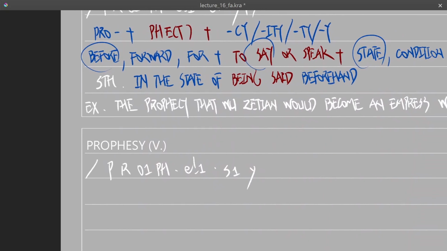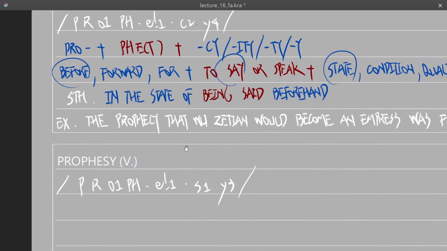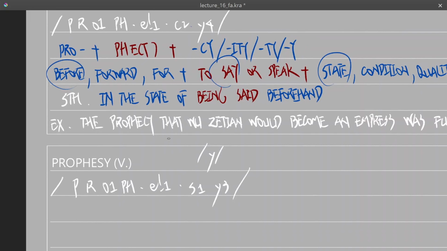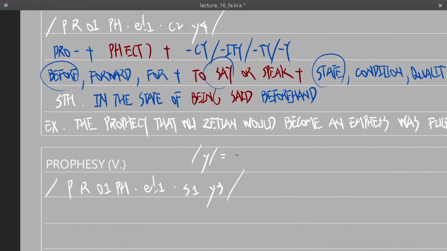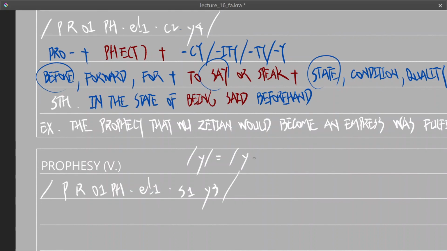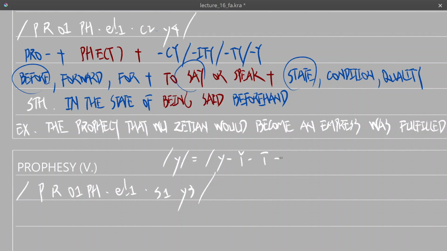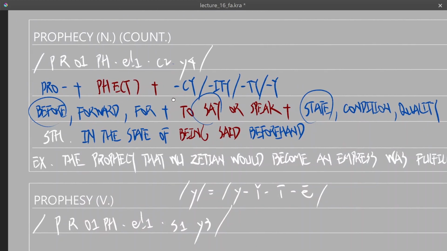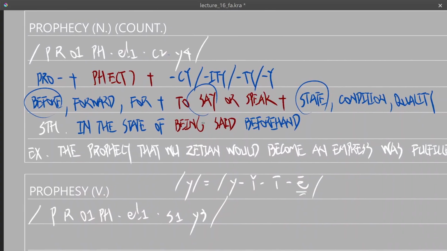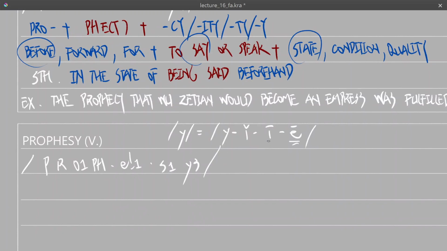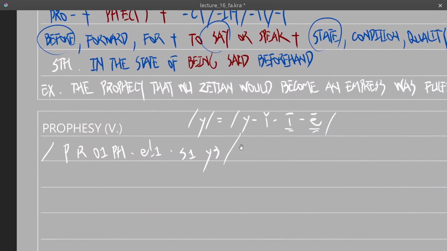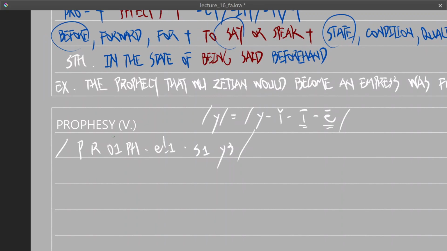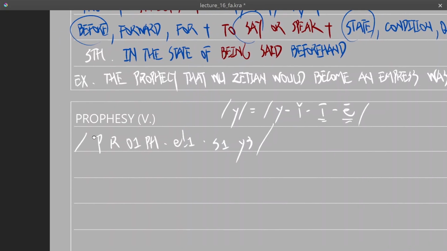The third sound for the phonogram Y, E, I. Here, prophecy will be the fourth sound of Y, E, I, and prophesy will become the third sound of Y, E, I. All right, prophesy as a verb.